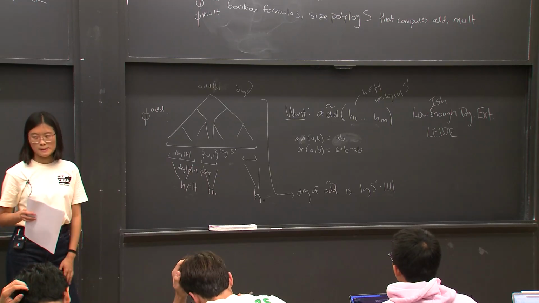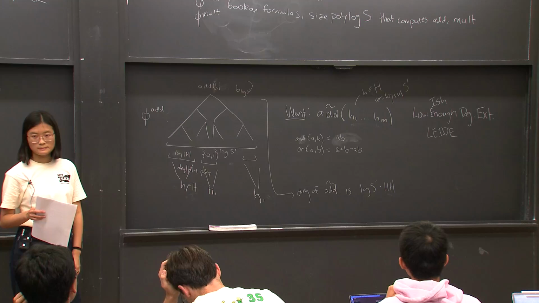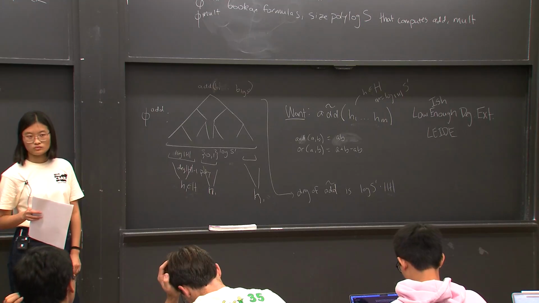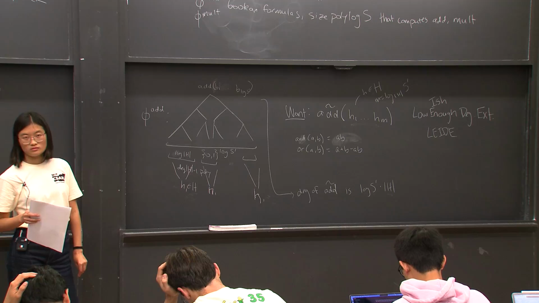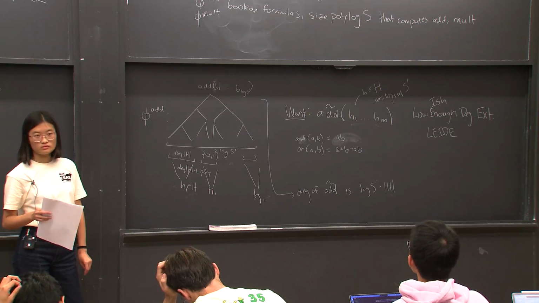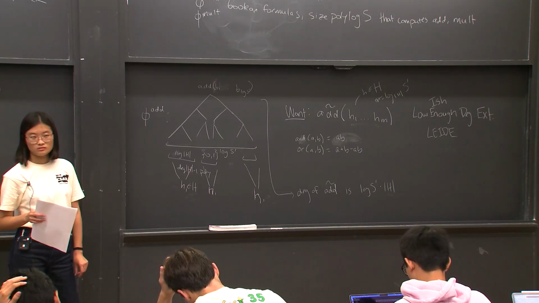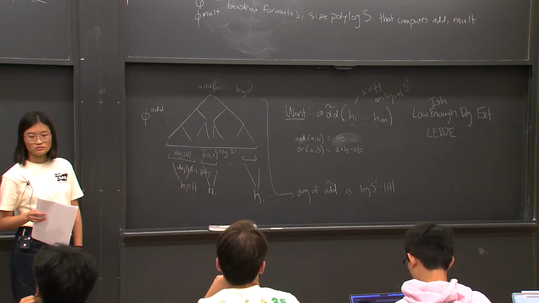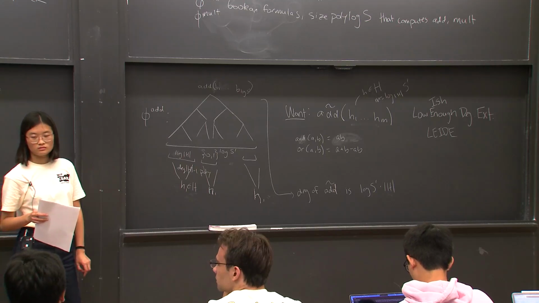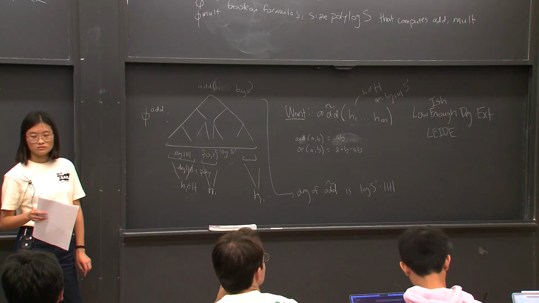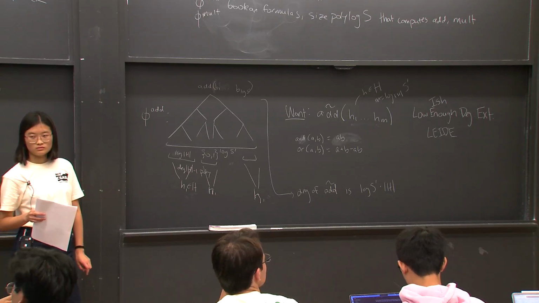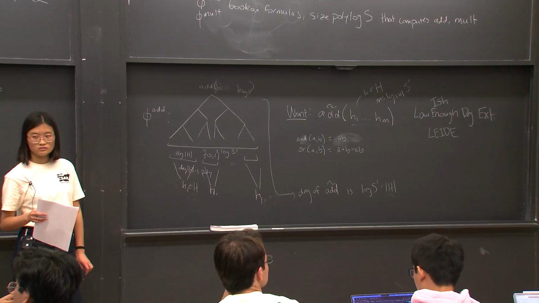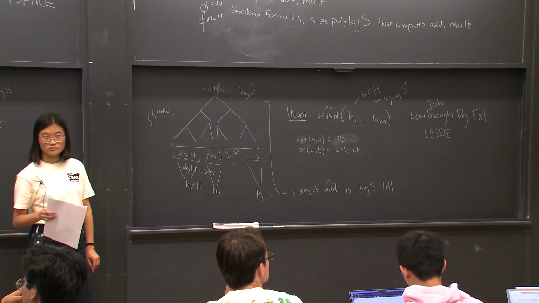Okay. But then, where exactly? We have these h's, and that means we have technically the same number of inputs, but now we have blocks of inputs, and how exactly does that change things?